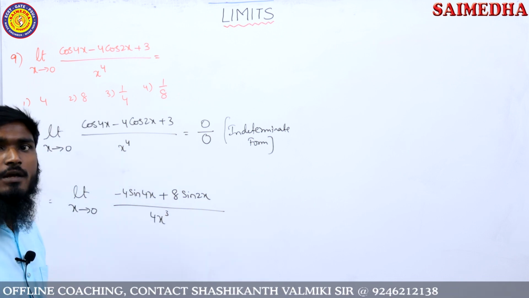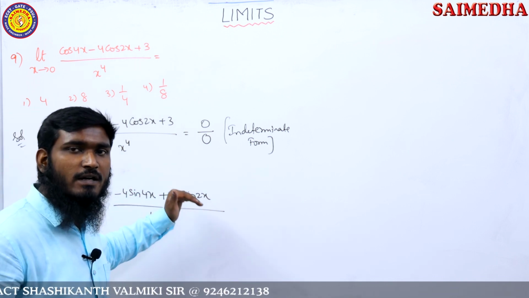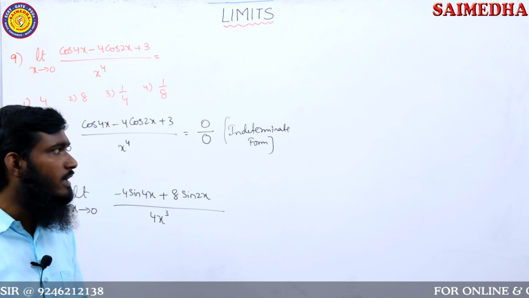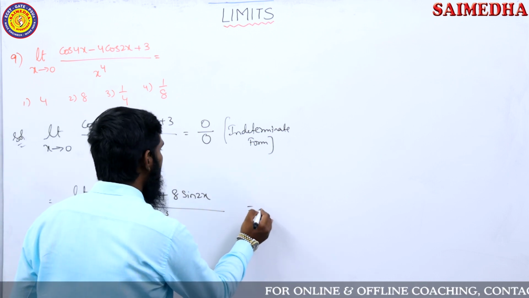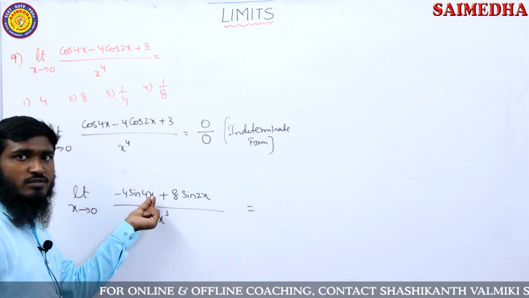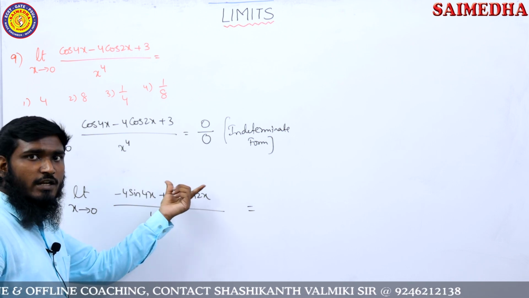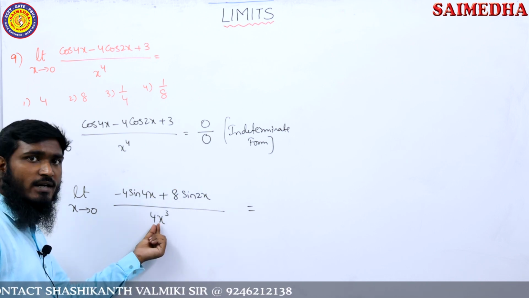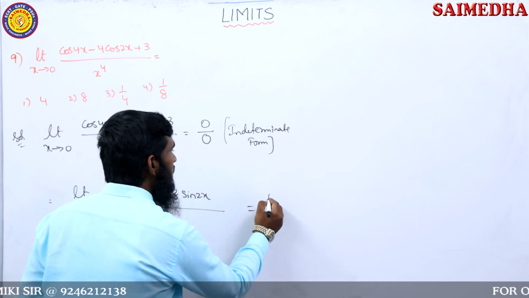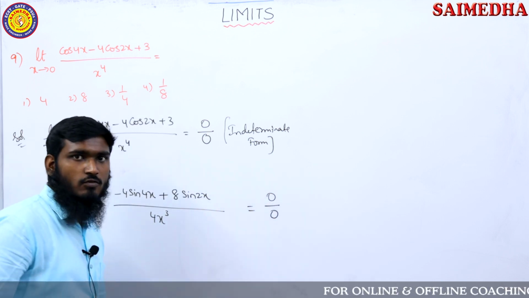Now after differentiating both numerator and denominator, if we substitute the x value, sine 0 means 0, sine 0 means 0, so in the numerator we get 0, and in the denominator the x value 0 also gives 0, so it is again 0 by 0. Okay.